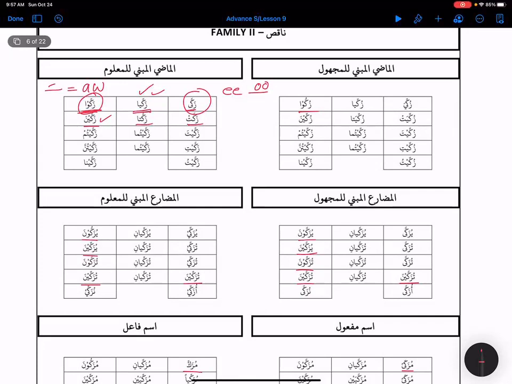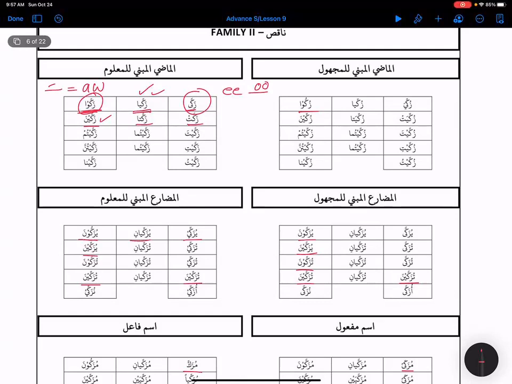Okay, now come to Mudaria. Zakka becomes yuzakki, like allama, yuallimu. Yuzakki, basically it was, right? But the ya becomes silent over here because of the rule that we know. So that becomes yuzakki. Now, what happened at Huma? Yuzakkiyani, so this ya is there.